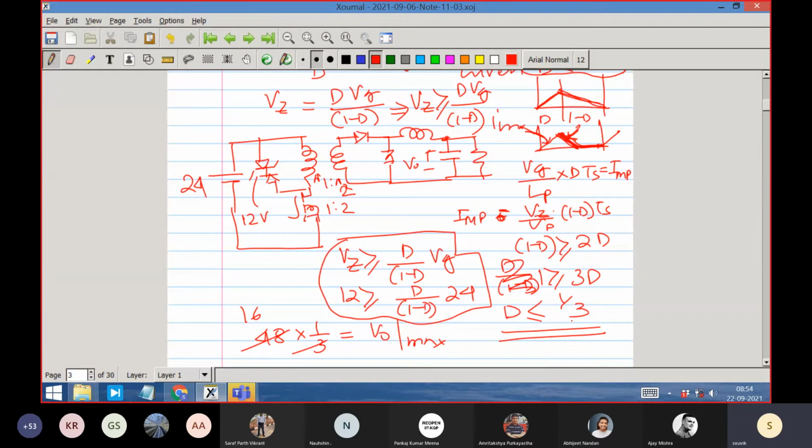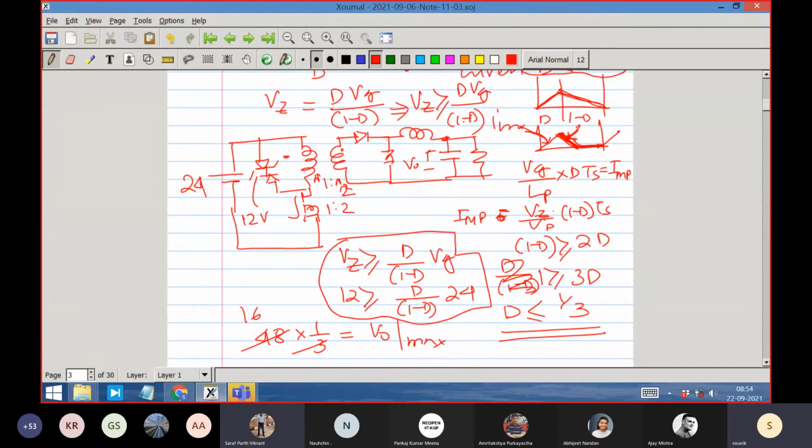And if the duty ratio is 1/3, this 24 volt, when it gets to the secondary side, because of the turns ratio of 1:2, becomes 48 volt. So 48 volt into D is the output voltage, and D cannot be greater than 1/3. So the output voltage cannot be greater than 16 volt. So in this converter, you.